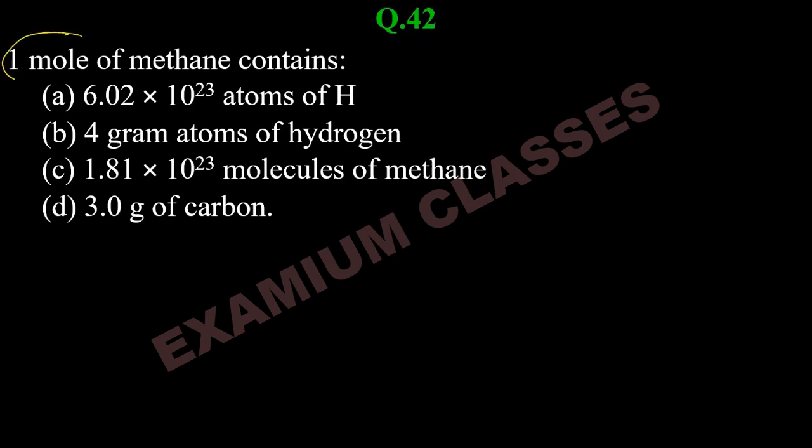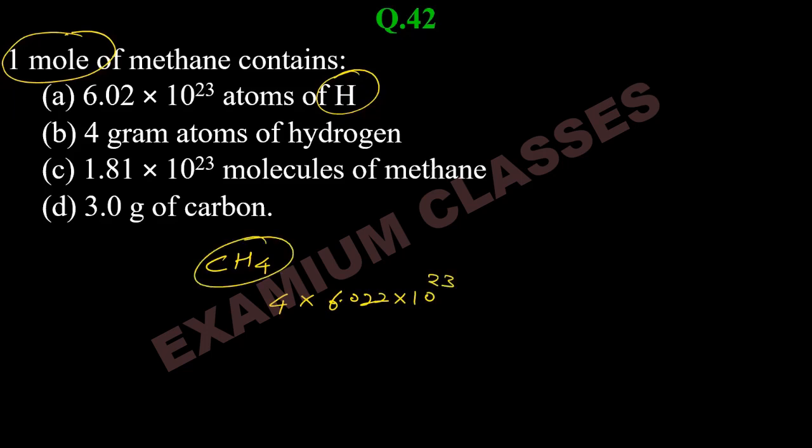One mole of methane, CH4. Hydrogen atoms will be 4 times 6.022 into 10 power 23, because one molecule has 4 hydrogens. So the molecule to atom ratio is 1:4 for hydrogen atoms. Okay.